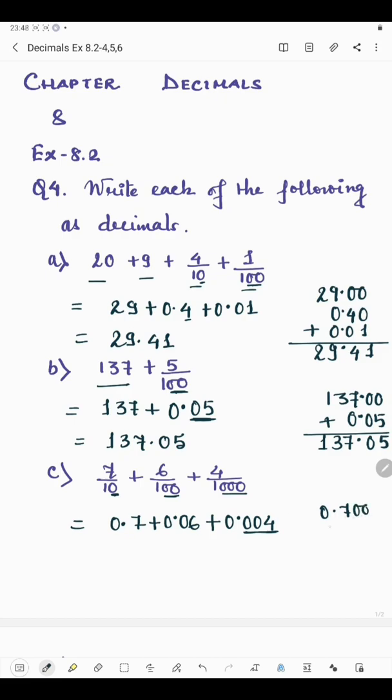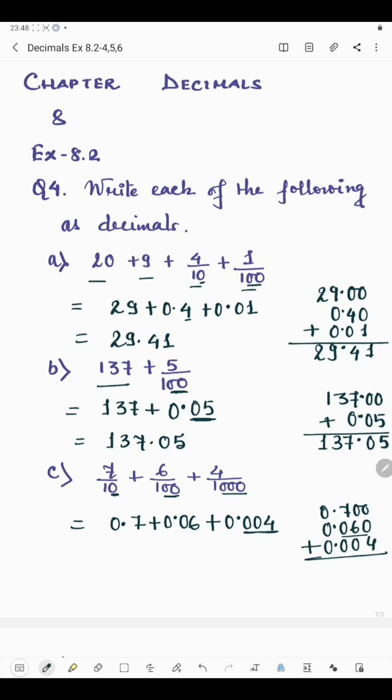After that we have 0.06, so we will put 1 more zero to make 3 places after the decimal. Lastly we have 0.004. To add or subtract we will have to make the numbers like decimals by putting zeros, and then we will add or subtract.